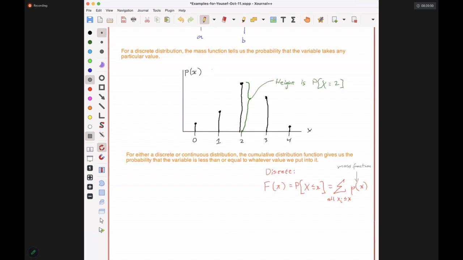And I should note explicitly here that p of x is the probability that, actually, no, I already have that for green.